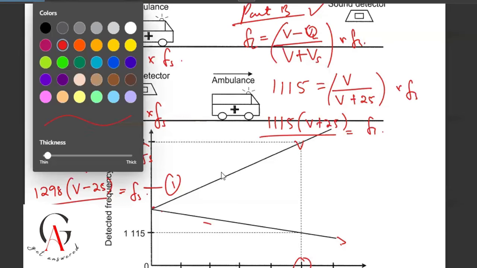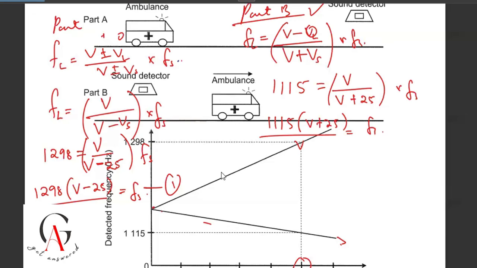Now, when I equate the two equations, I'll end up with 1298 V minus 25 over V. So this V cancels that. So that's going to be 1115 V plus 1115 multiplied by 25 gives me 27,875.